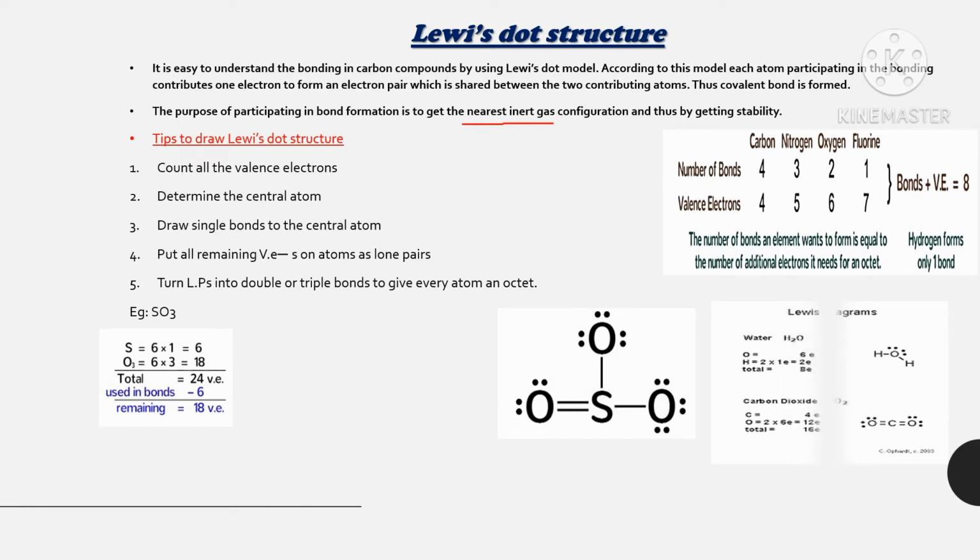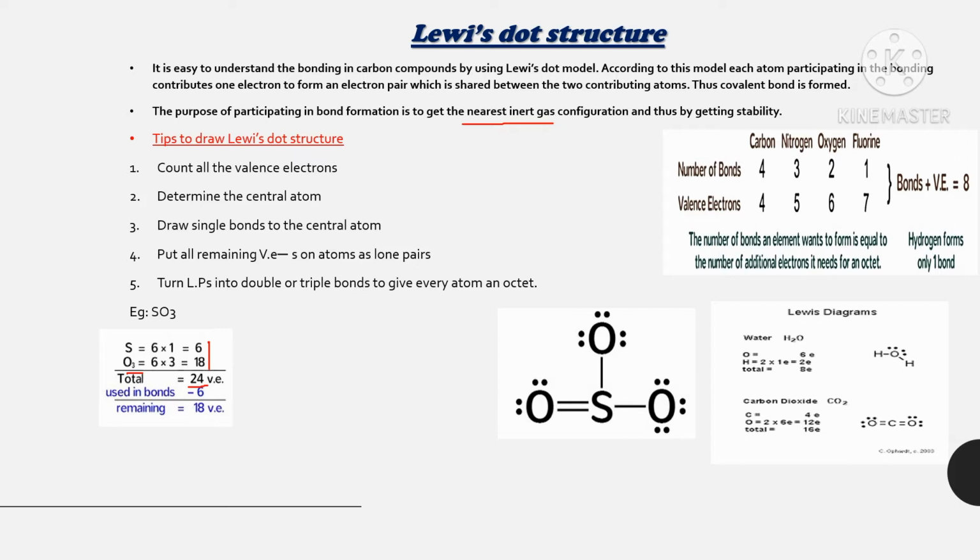Oxygen has 6 valency electrons and 3 oxygen atoms are participating in the bond formation, so 6 into 3 is 18 valency electrons. The total number of valency electrons is 24. So this is the first step: count all the valency electrons, which means 24 valency electrons are there.